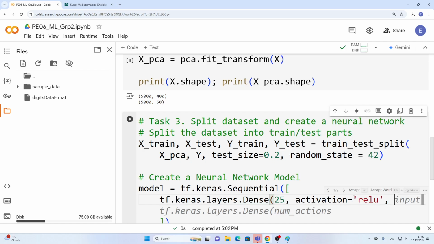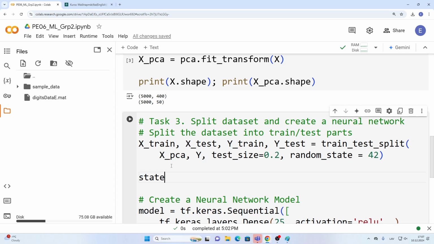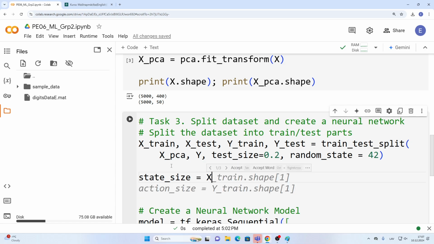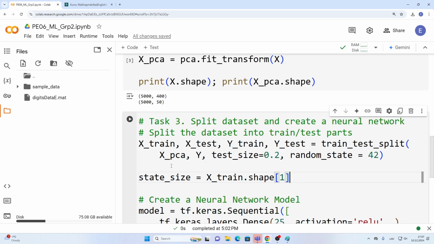For that, actually, it would be a good idea to create a variable, because this is exactly going also to be the size of our state in reinforcement learning. Yes, so let's call it state size, and this is the shape parameter of the x data.